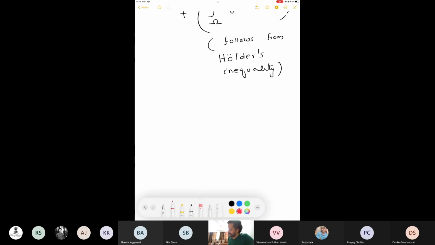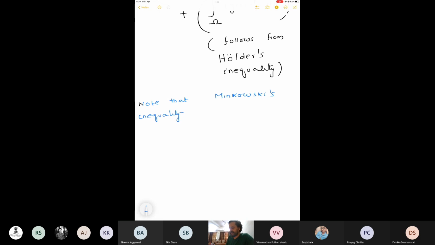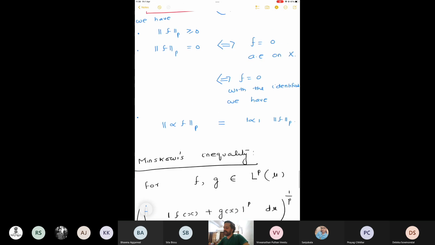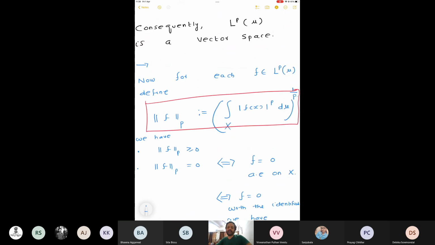So note that Minkowski's inequality translates to norm of f plus g suffix p is less than or equal to norm f suffix p plus norm g suffix p.